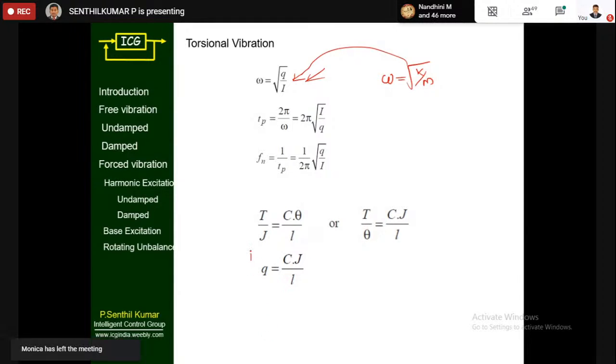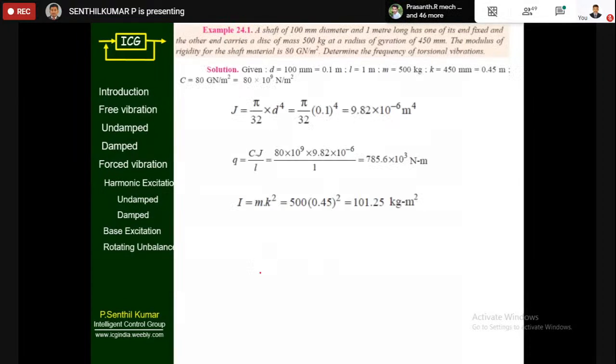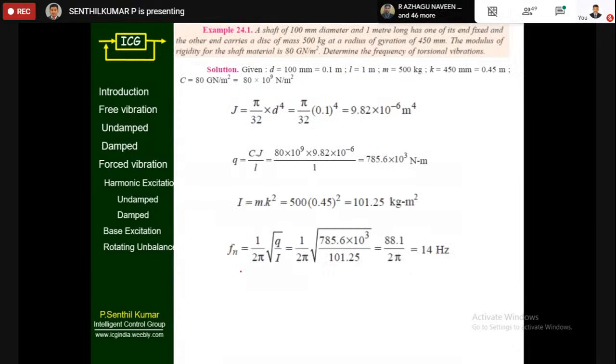And then there is one formula, T by J equal to C theta by L, the moment equation. From that equation, you can find the q value, CJ by L. So they will ask you to find the frequency of the torsional system. I think all mechanical devices come under this category, primary source.